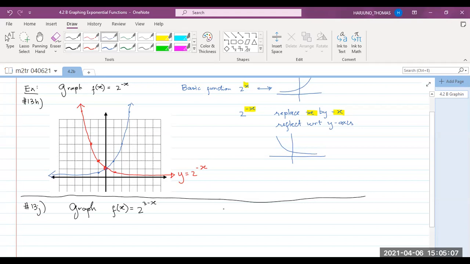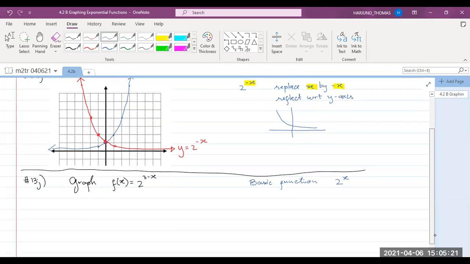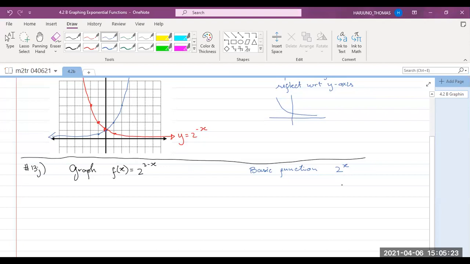Again, the basic function is 2 to the x, which is the type of exponential function I usually ask, base 2. Now then we will replace x by x plus 3, right? Which means we move 3 units to the left. The 3 important coordinates now will be here.